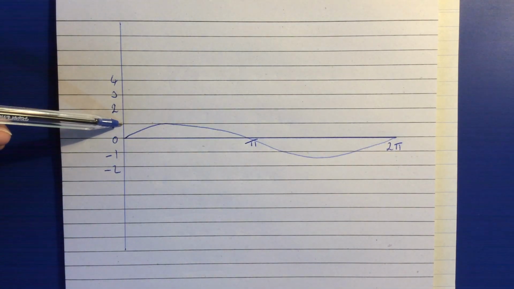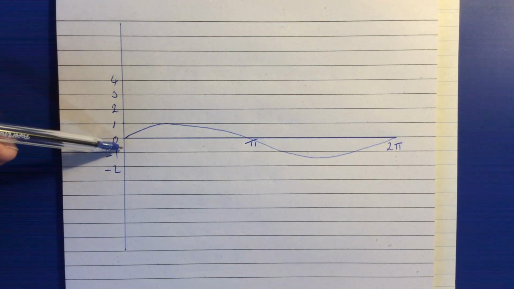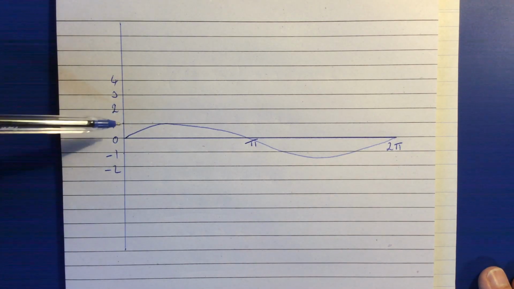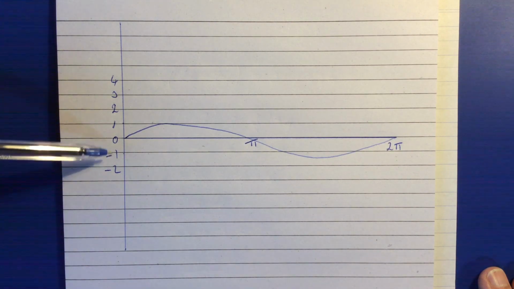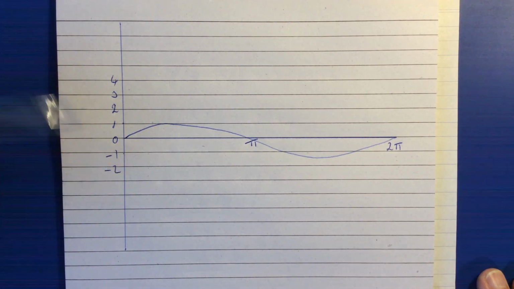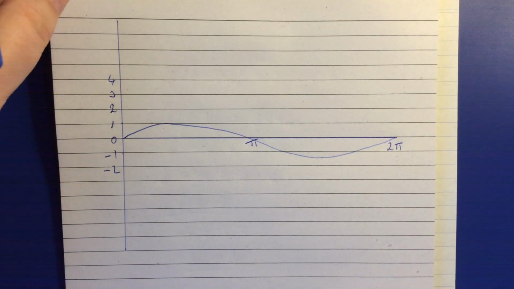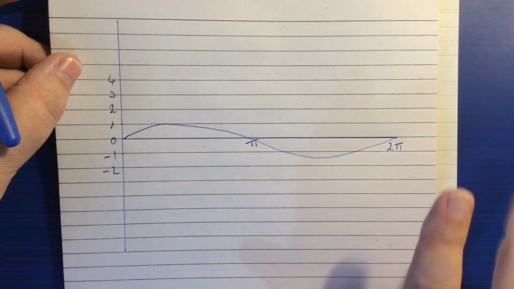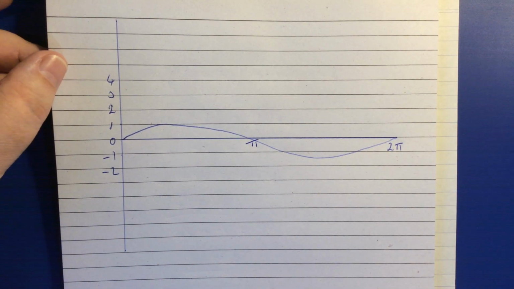It would have a maximum value of 1 and a minimum value of -1, even though I've drawn that badly. You'll notice that I have enlarged our scale here, in preparation for the explanation that's coming. But this is the basic standard sine graph.